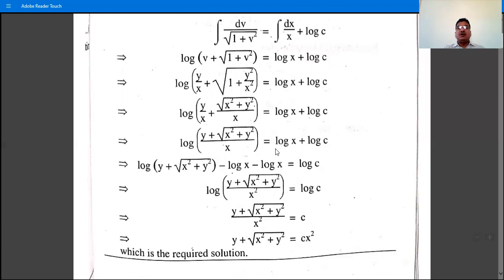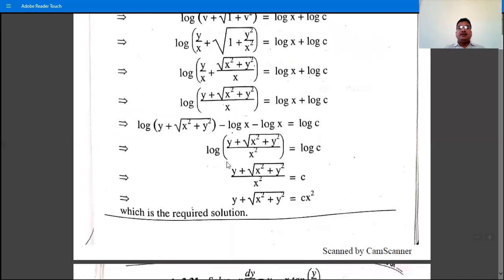Shift this log x to LHS, it becomes minus log x is equal to log c, and then minus log x minus log x becomes minus 2 times log x, that is log x square. Then use the rule log a minus log b is log a by b: y plus root x square plus y square divided by x square.